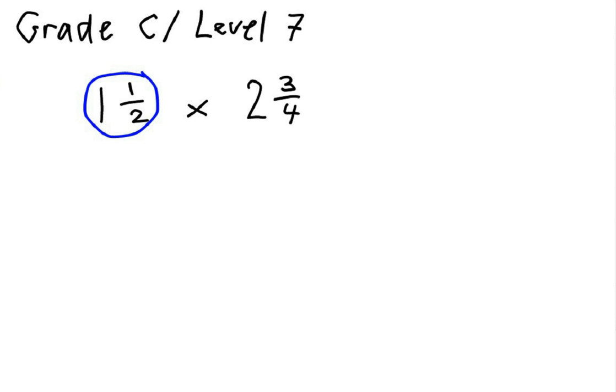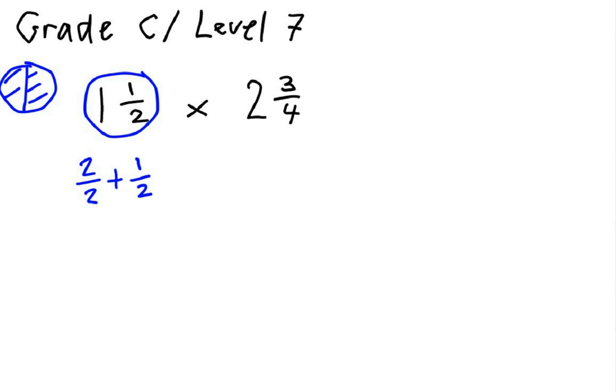So, if we have a look at 1 1/2, what this means is that we have one whole. Now, one whole can be represented as 2 full halves. If you think of a circle divided into halves, that's one whole divided into halves. We actually have 2 halves. So, the one whole bit is 2 halves, and to that we are adding this half here.